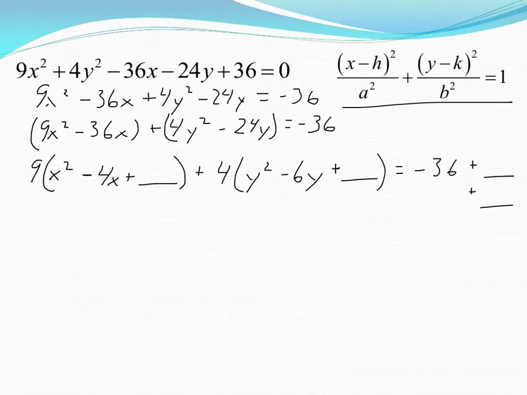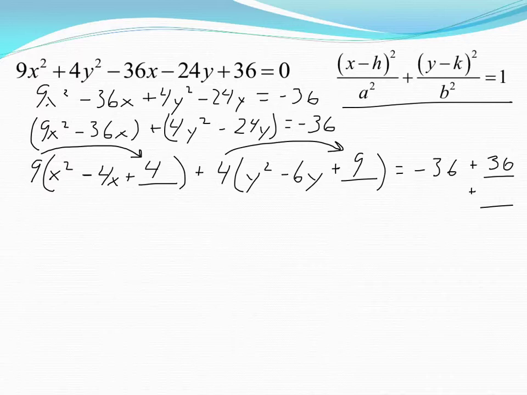I hope we're getting comfortable with this at this point. It should be the value of 4. Now, remember, I didn't add 4 to the left side. I added 9 times 4 to the left-hand side. That's 36. So I need to remember to add 36 to the right-hand side as well. Now looking at the y terms, we need a 9 to create a trinomial square, and again, 4 times 9 is what I actually added.